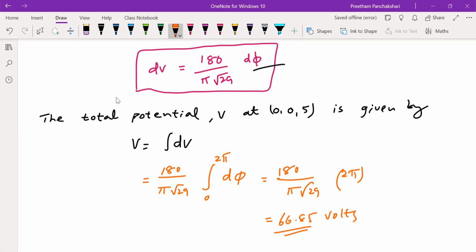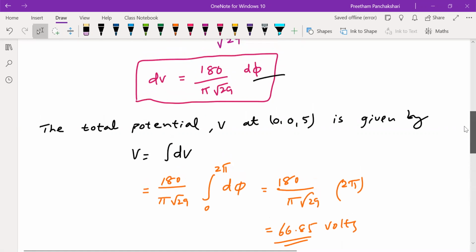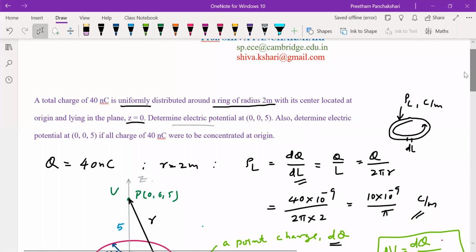Now let us see another part of the question. In the second part of the question, it is asked to determine the electric potential at the same point if all the charge of 40 nanocoulomb were to be concentrated at the origin. So the complete charge, the total charge of 40 nanocoulomb, if it was completely placed at the origin, that means it is a point charge.